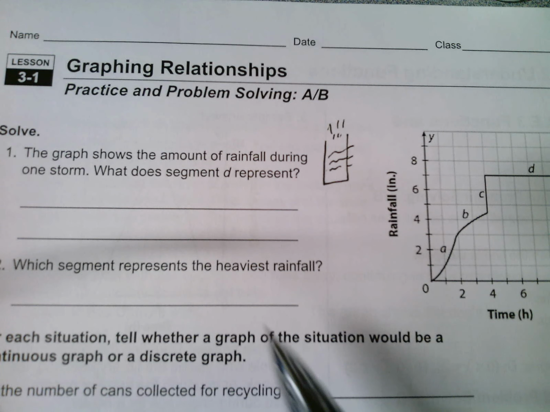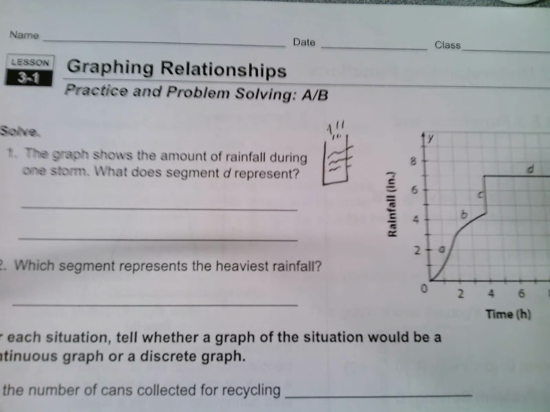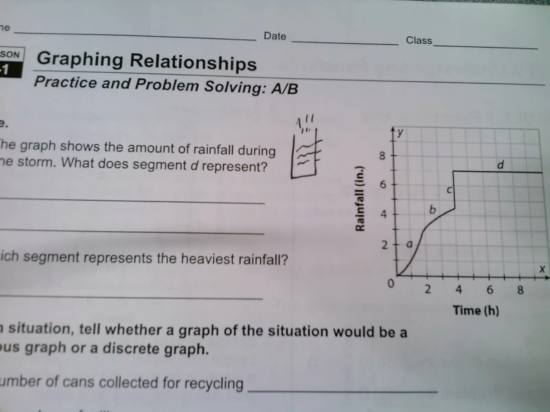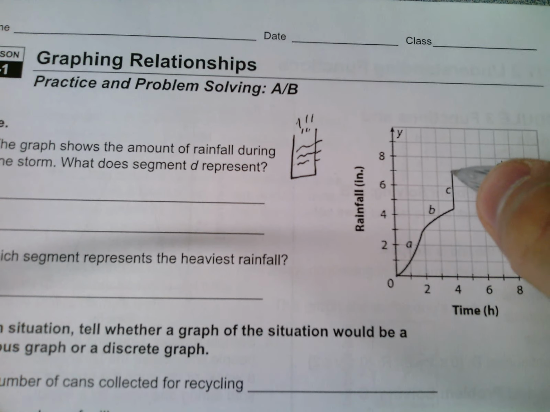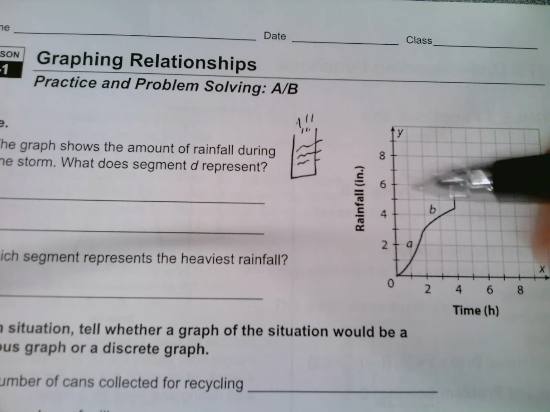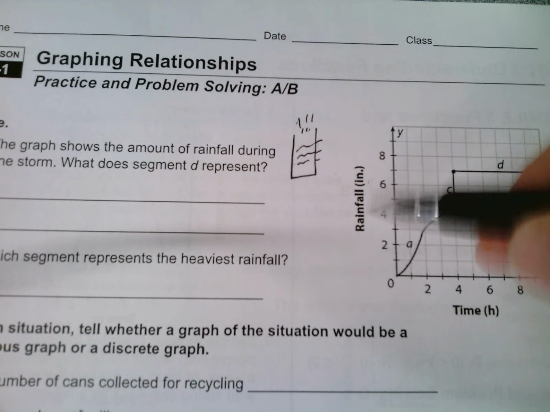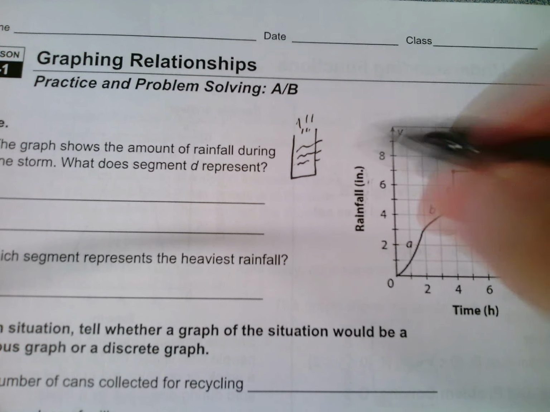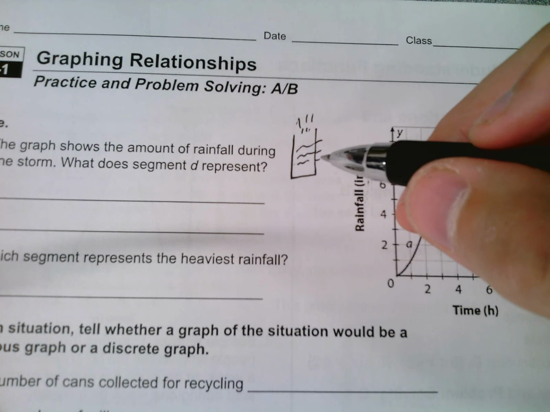Okay, so if we look at this graph and as time passes, I see segment D is right here, and segment D actually starts at 4 hours. What does segment D actually represent happening? Yeah, remember we're measuring the rainfall here as a level in a glass.